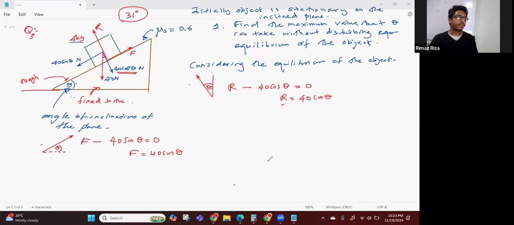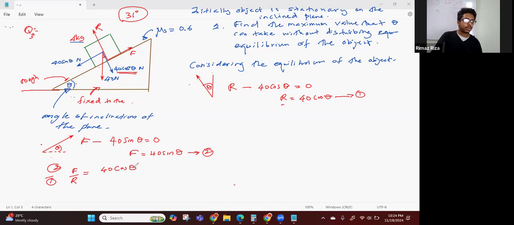I take this as equation number 1 and this as equation number 2, and I'm going to divide equation 2 by 1. So F over R equals 40 sin theta divided by 40 cos theta.